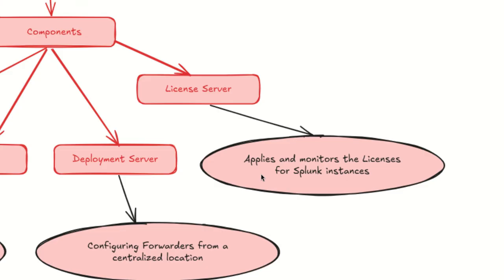Finally, we have a license server, which helps in applying the licenses and also monitoring the licenses we have procured from Splunk. Each and every Splunk instance, like search head and indexer, comes with licenses. There may be some limitations, like we will be able to run only two instances of Splunk indexers, or it will only support one cluster of Splunk indexers or one cluster of Splunk search heads.